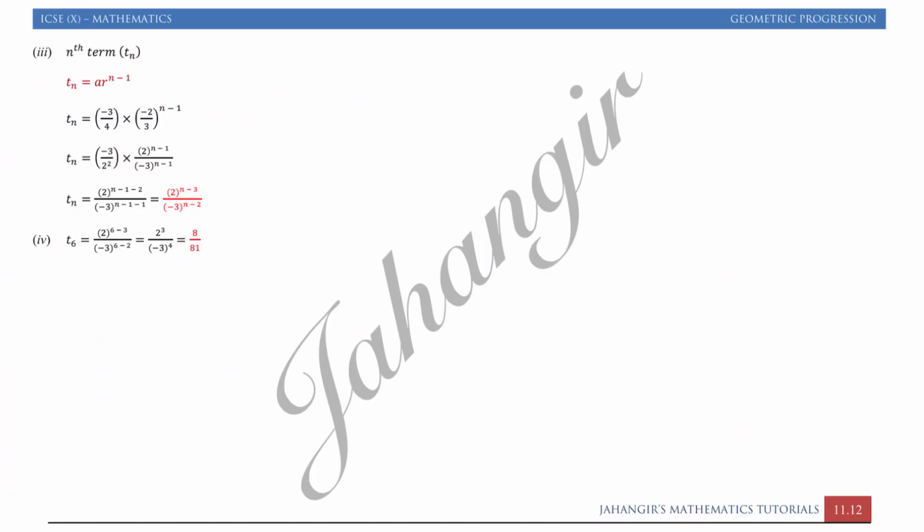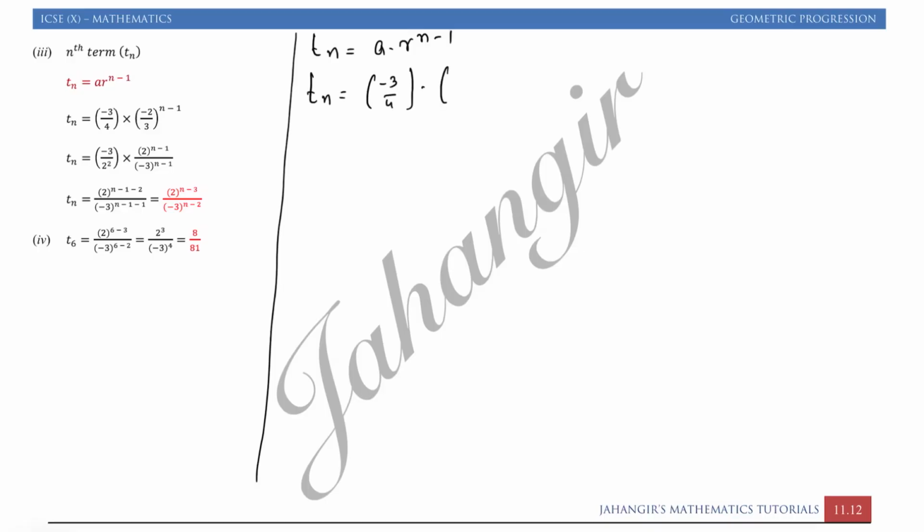You can have a look at this method also. Here I had taken a different way; I found the nth term a little bit differently. Let me explain that also. Tn is equal to a into r raised to n minus 1. So here a is minus 3 by 4 and r is minus 2 by 3, whole raised to n minus 1. So minus 3 upon 2 square, into 2 raised to n minus 1 upon 3 raised to n minus 1, minus 3 raised to n minus 1.